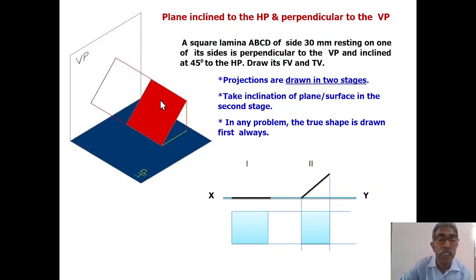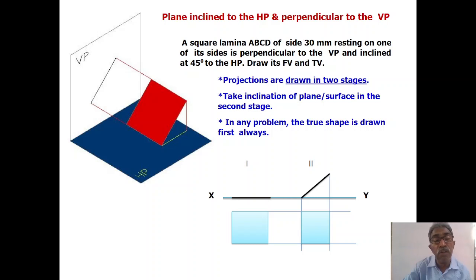Then project the plane on a horizontal plane to get a top view. Now see here, in the top view you will not get the actual square, you will not get the true shape of the plane. In the top view, you will get a reduced figure, as the plane is inclined to the horizontal plane. Projection on the horizontal plane is not the true shape, because only when the plane is parallel to the horizontal plane will you get its true shape.